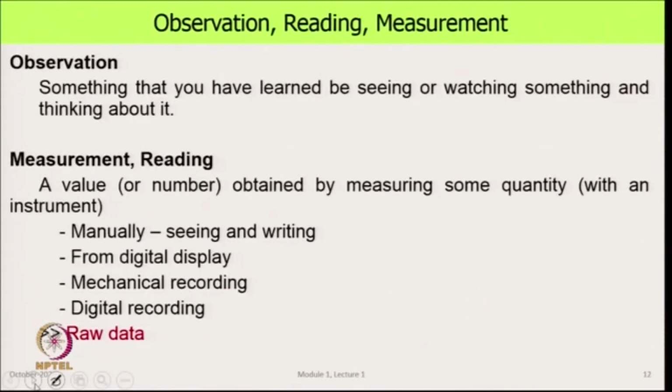Now, in every experiment we make a measurement and we have a reading. We define two things now. One is observation. That observation in general is not just that you have observed a reading and noted it down, but in general observation is something that you have learned by seeing or watching something and thinking about it. And this is the start of important things from which we learn a lot of things.